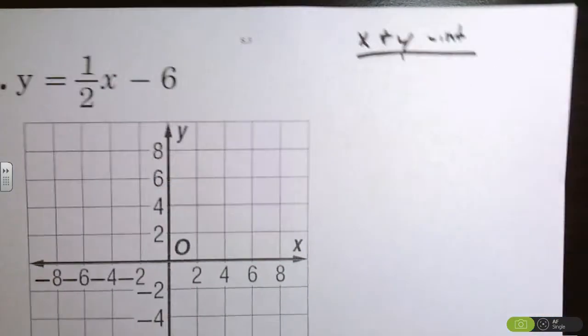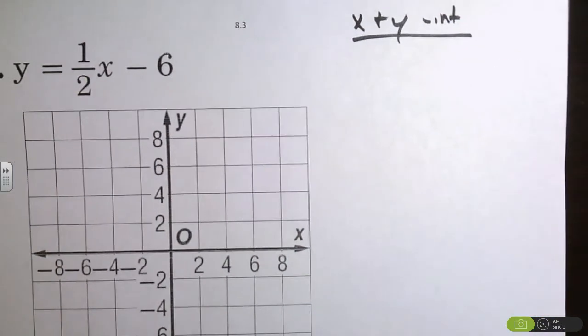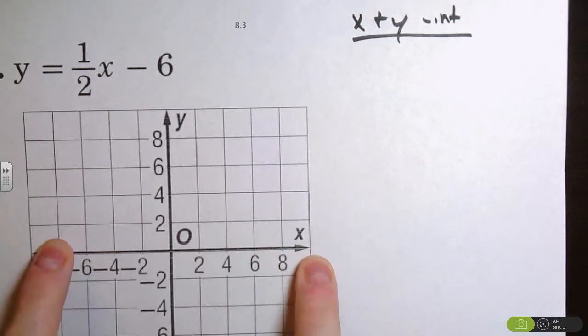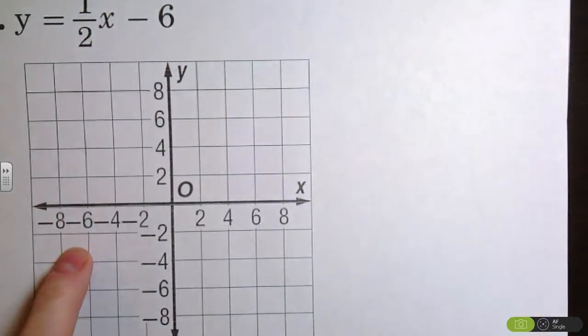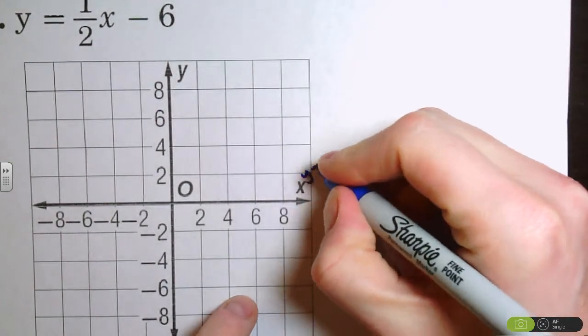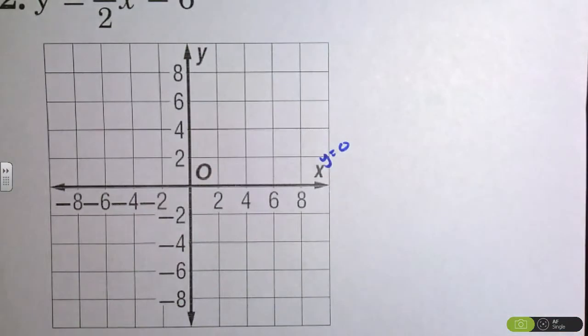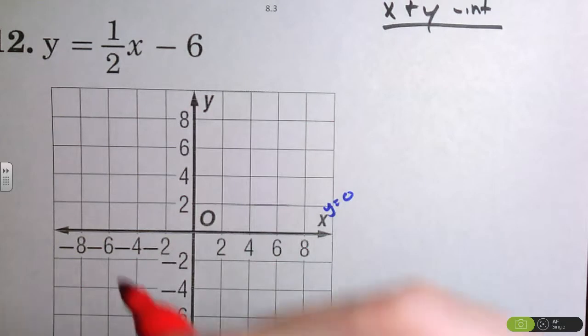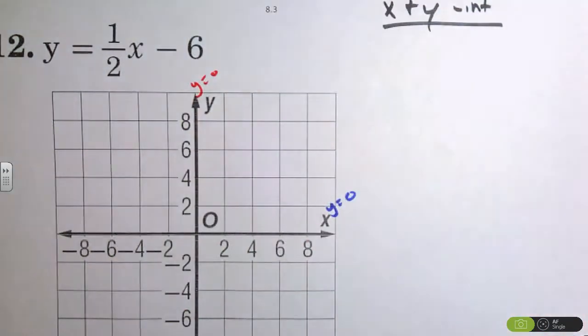The process is a lot easier than you'd think. The x-intercept is on the x-axis, and everything on the x-axis is where y equals 0. The y-intercept is anything on the y-axis, and that happens whenever x equals 0.